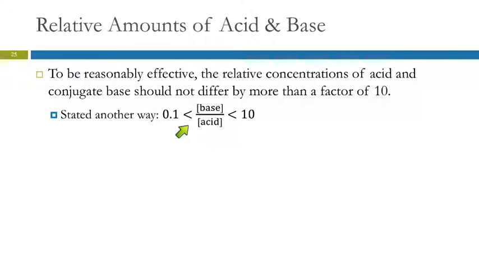So in other words, the ratio of the base to the acid should be greater than 0.1, less than 10. If you look at one of the concentrations, the other one should be no more than 10 times higher, no more than 10 times lower. And that's just sort of a ballpark rule of thumb sort of thing.